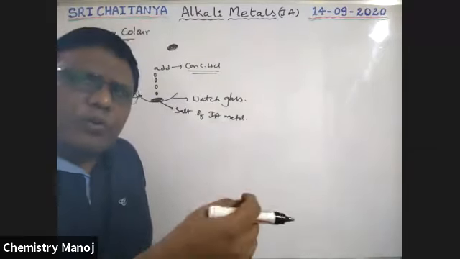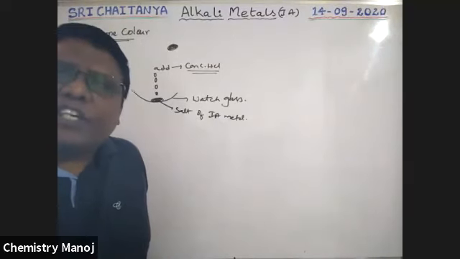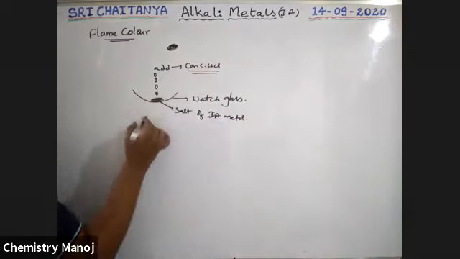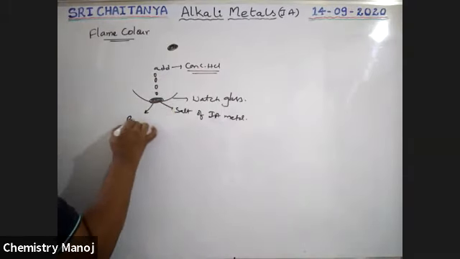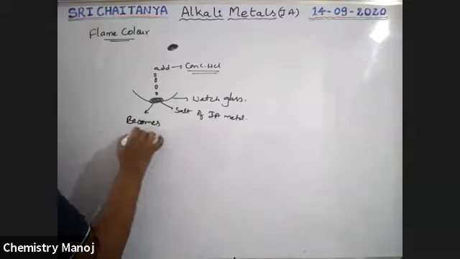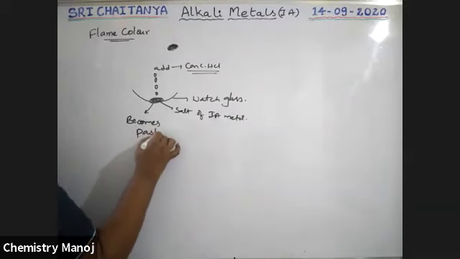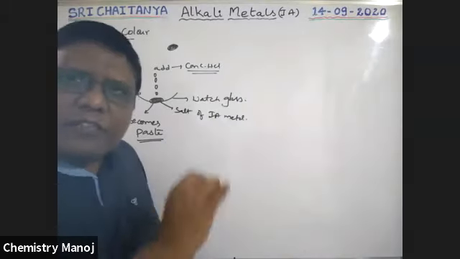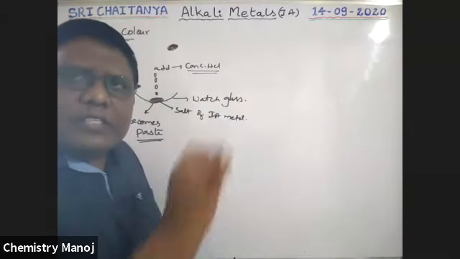Just 2 or 3 drops are sufficient. Now, by adding concentrated HCl, it becomes a paste, the paste of the alkali metal salt with concentrated HCl.